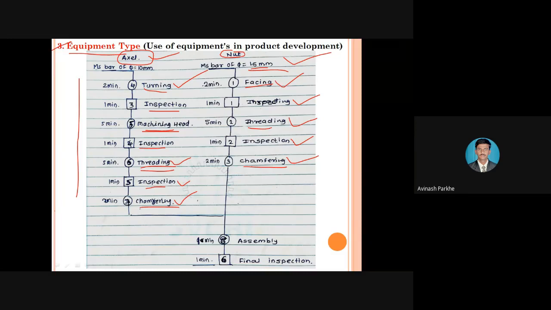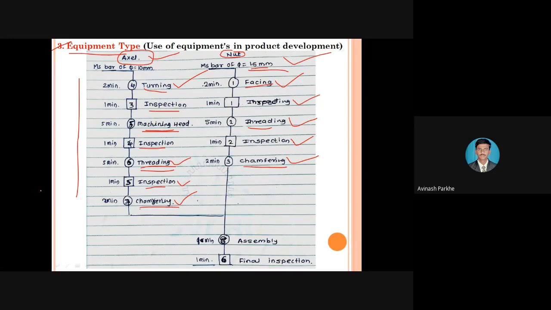In addition, after performing some of the operations, if an inspection is required, that inspection is also represented by the equipment type of flow process chart. It is not only possible after converting the raw material into the finished goods. The inspection is possible then, but sometimes as per the requirement of that particular product, after performing 2 or 3 operations, we have to go for the inspection. Again, after performing 2 or 3 operations, again we have to go for the inspection.